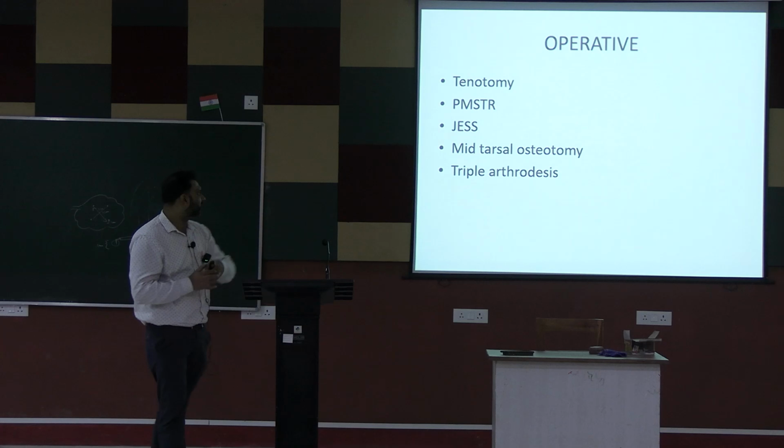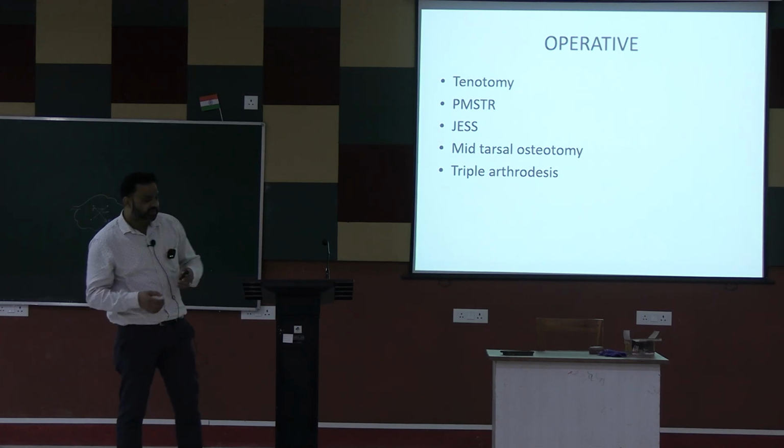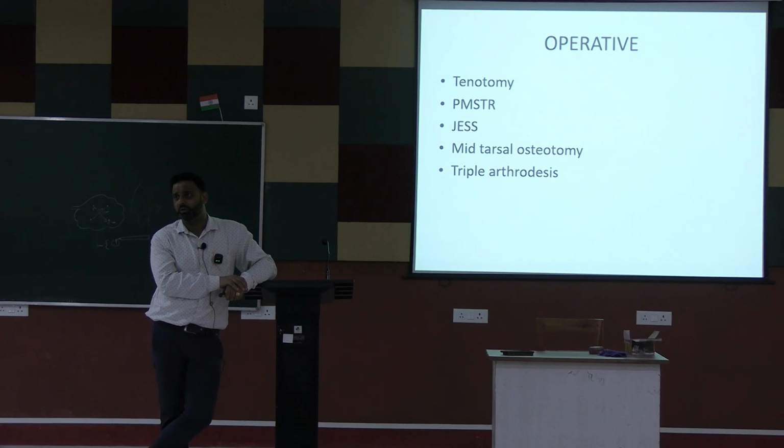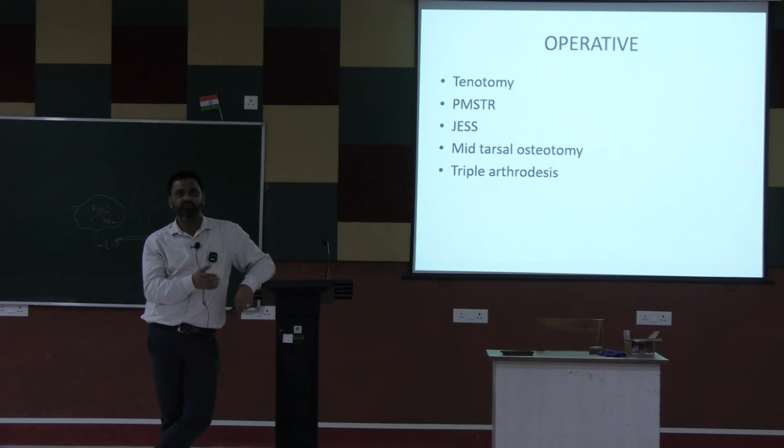Then comes the JES part. JES is the Joshi External Stabilization System. JES is used in cases of late presentation of CTEV, meaning CTEV is present since birth, but the child comes to you late, at the age of 4, 5, or 6 years.